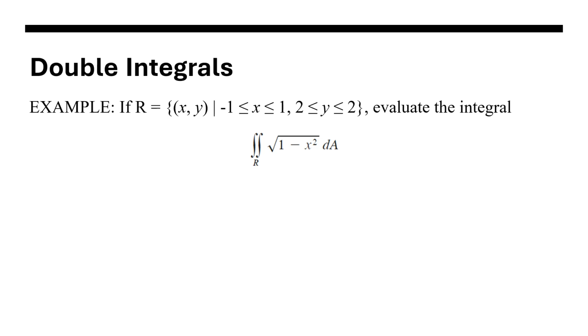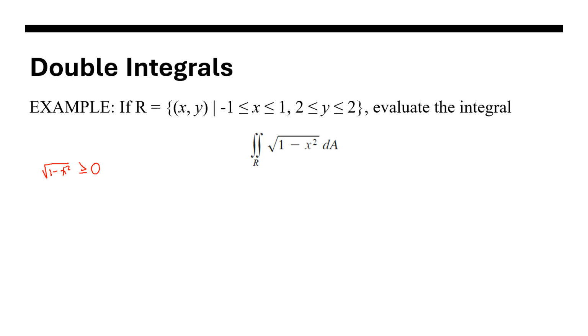Now, as you can see here, it seems to be difficult to evaluate this integral from the previous discussion that we had. However, since this is a volume, we can say that the square root of 1 minus x squared is greater than or equal to 0, because there is no negative volume.